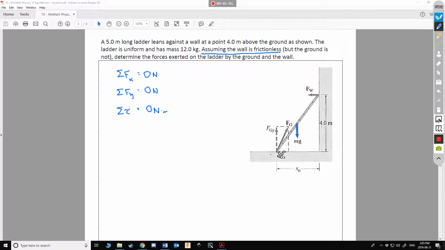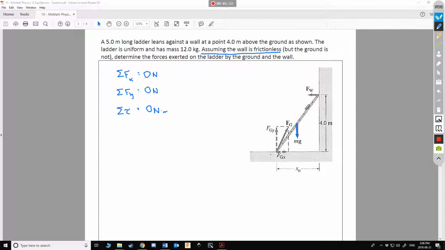The ground exerts a normal force upwards, but also a friction force to the right. So Fg is actually up and to the right, this angled vector. If we did not say the wall is frictionless, this question would be significantly harder as the wall force would also be at some angle.